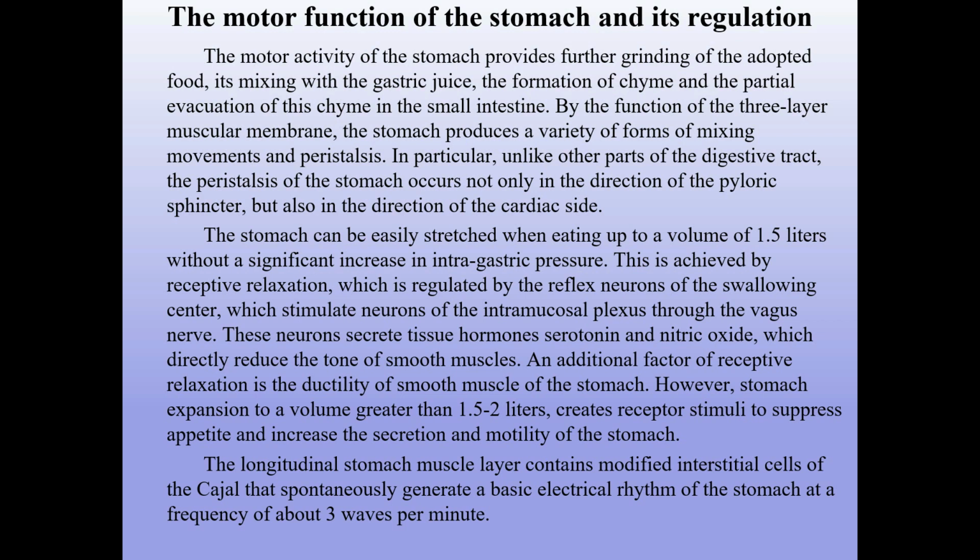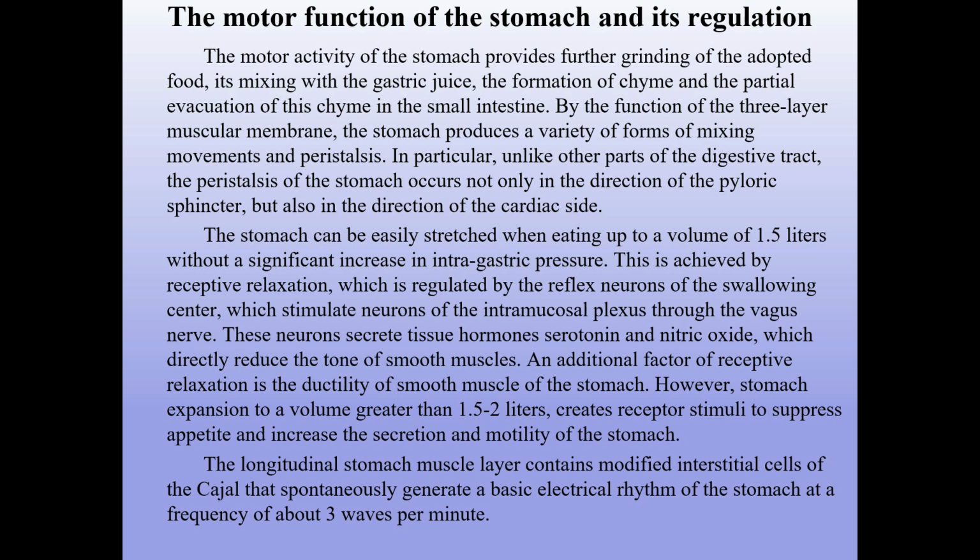These neurons secrete tissue hormones serotonin and nitric oxide, which directly reduce the tone of smooth muscles. An additional factor of receptive relaxation is the ductility of smooth muscle of the stomach. However, stomach expansion to a volume greater than 1.5 to 2 liters creates receptor stimuli to suppress appetite and increase the secretion and motility of the stomach.